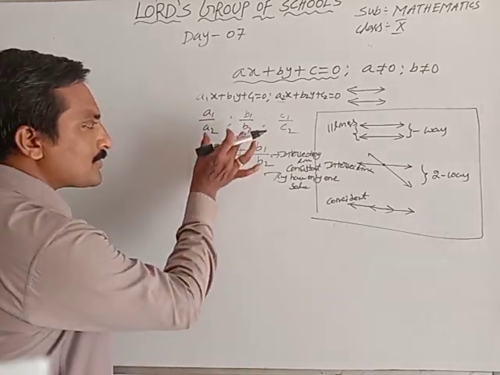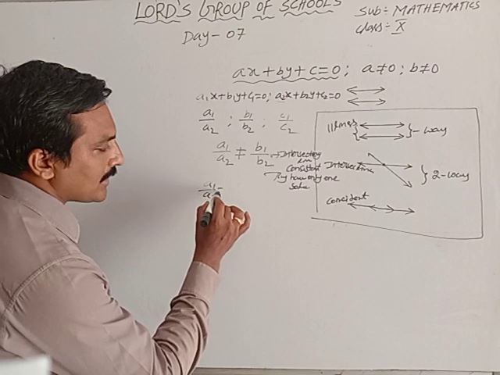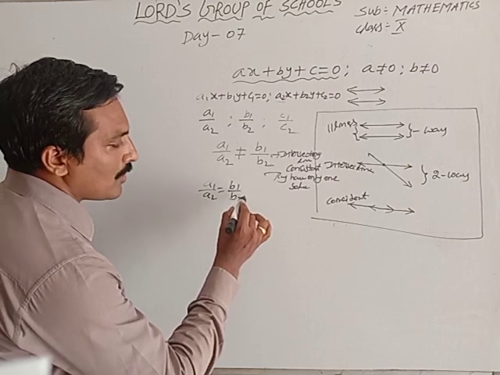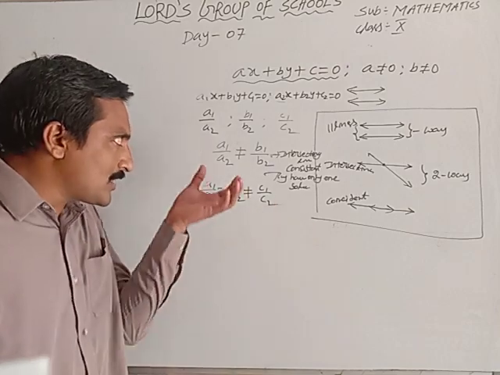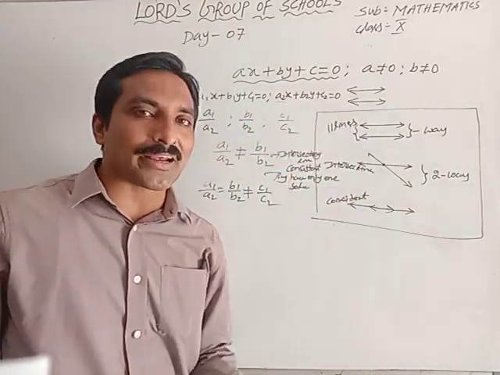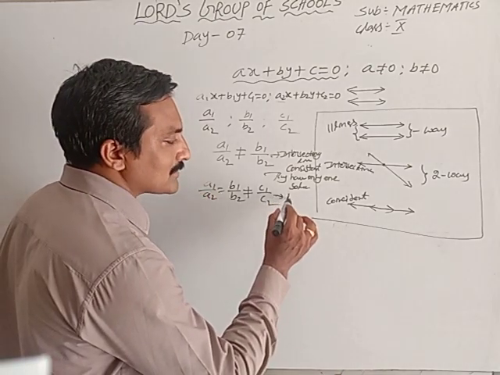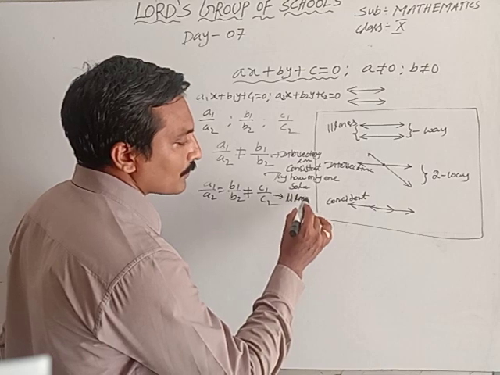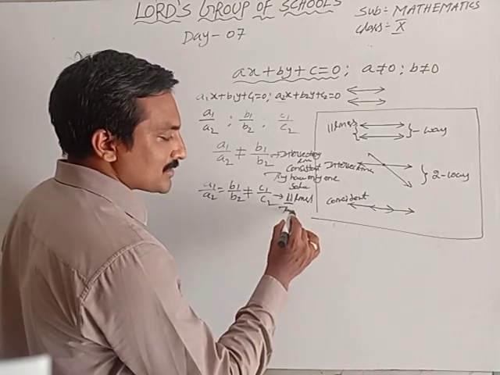Next, if a1 by a2 is equal to b1 by b2 but not equal to c1 by c2, that is, these two ratios are equal but not equal to the third ratio, then those lines are called parallel lines. They have no solution.